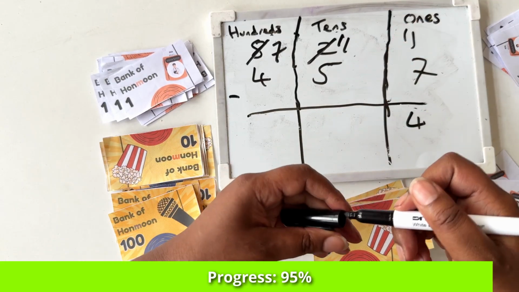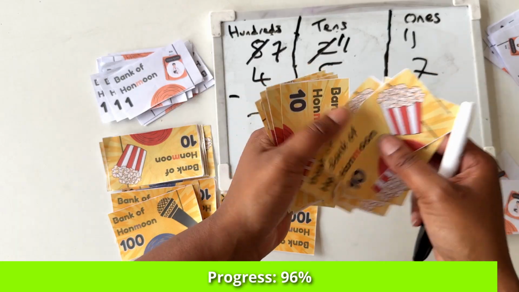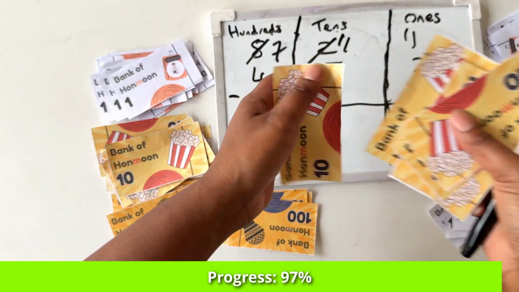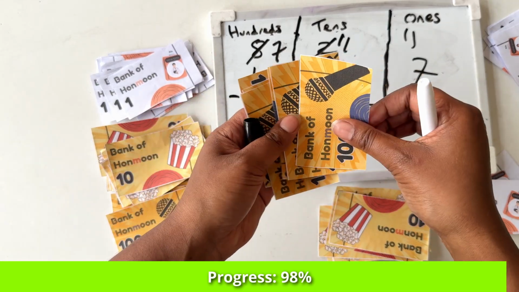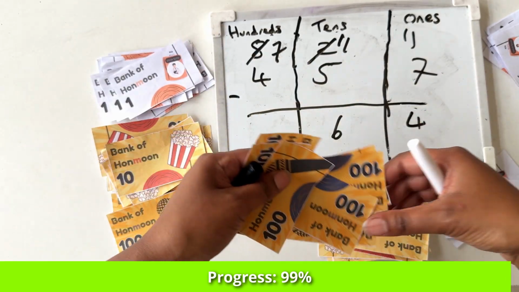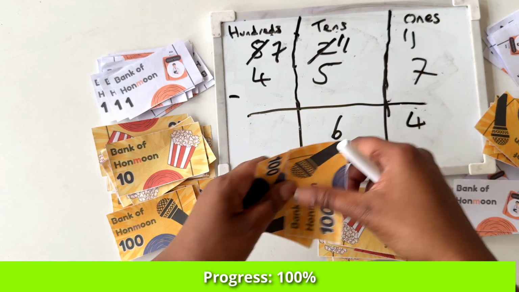And I want to take away 5. 1, 2, 3, 4, 5. That should leave me with 6. And then you've got 7 minus 4, 1, 2, 3, 4. I'll put it here. And 3.